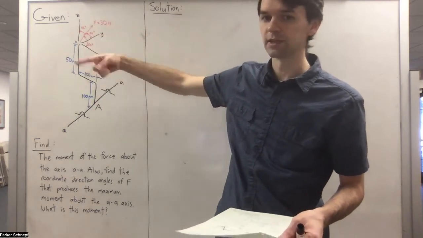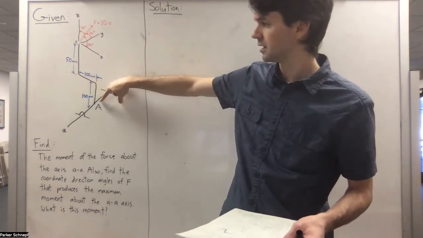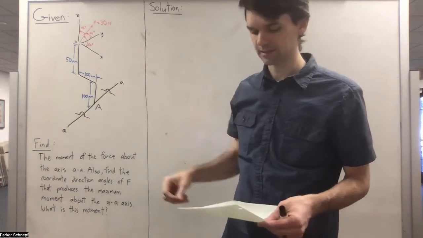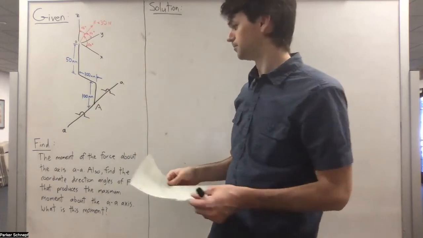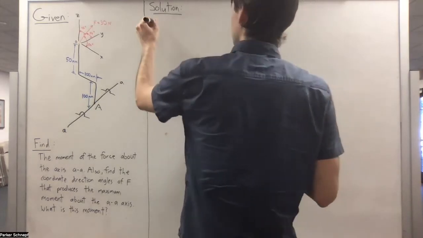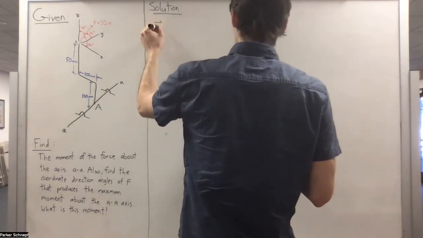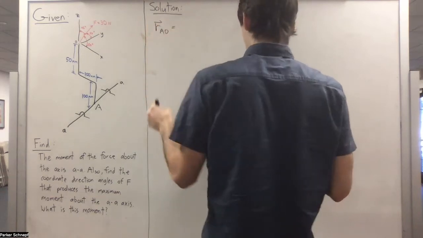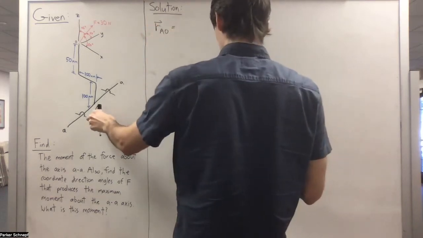And then there's just one more step we have to do to find the moment about the axis that point A lies on, instead of just about point A. So let's do that. I'm going to start by finding the position vector from A to O. So we can just walk along.